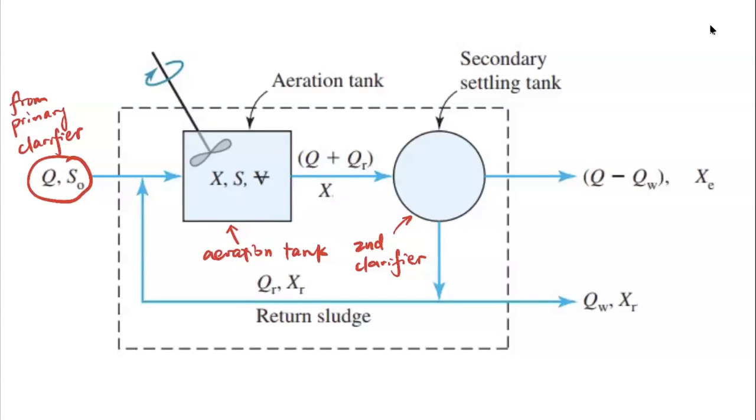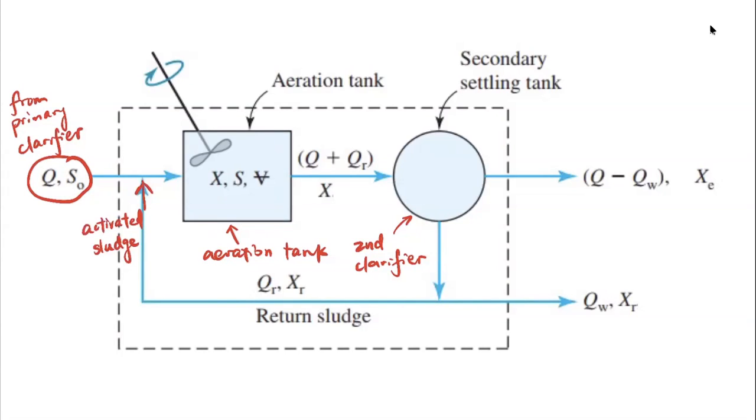As we introduced, we cannot directly pass this pre-treated wastewater into the aeration tank because there are not a lot of bacteria inside, right? So we have to introduce some bacteria, which is called the activated sludge, to mix it with the pre-treated wastewater and then let it go to the aeration tank.